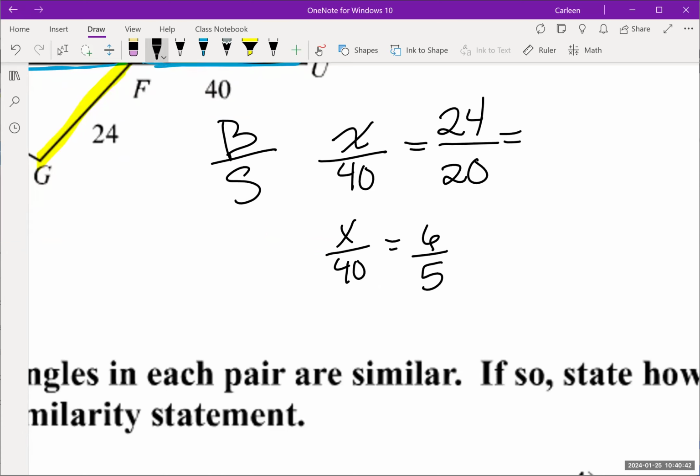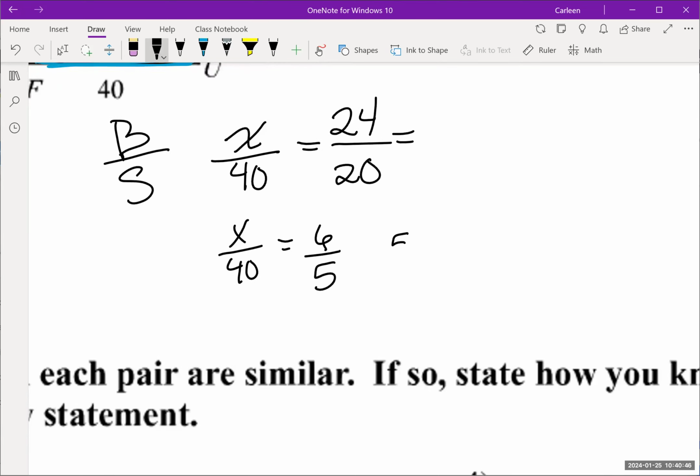So now let's cross multiply. 5x is equal to 6 times 40. 5x is equal to 240. Solve that equation. I'm back.